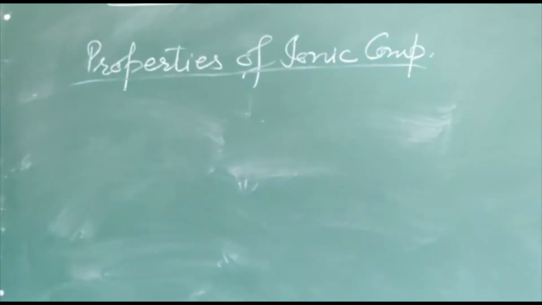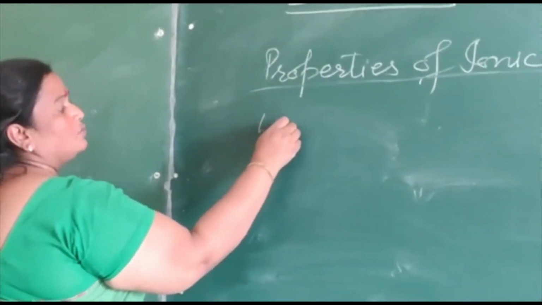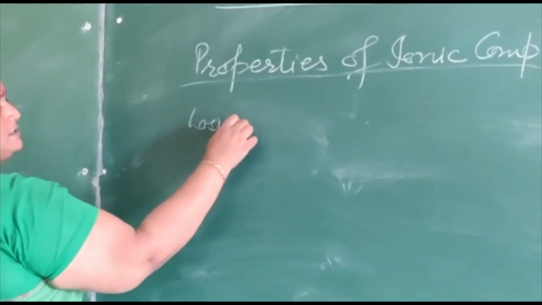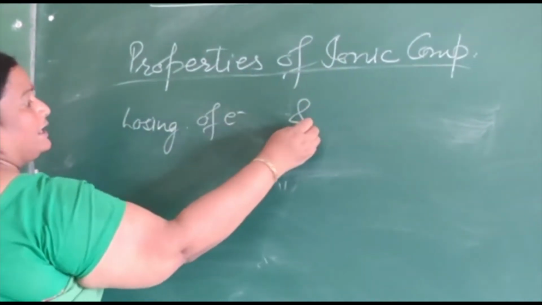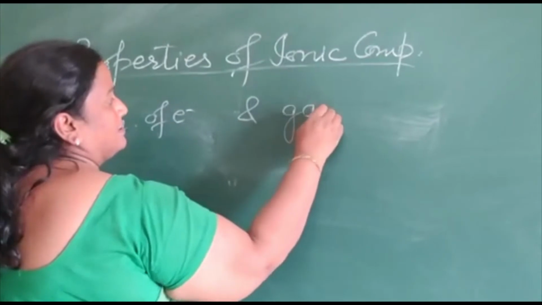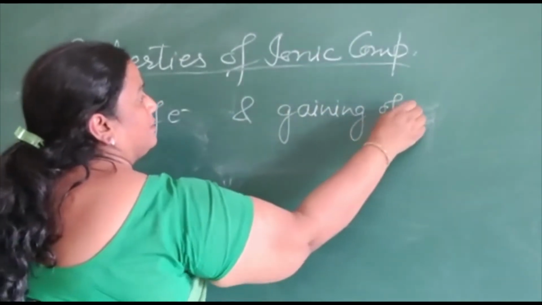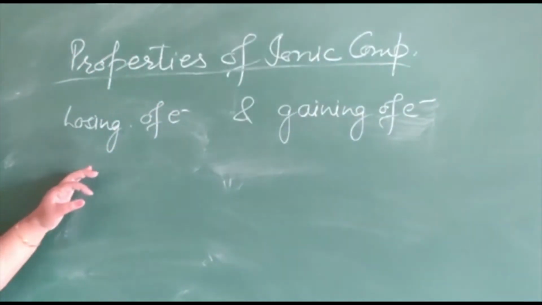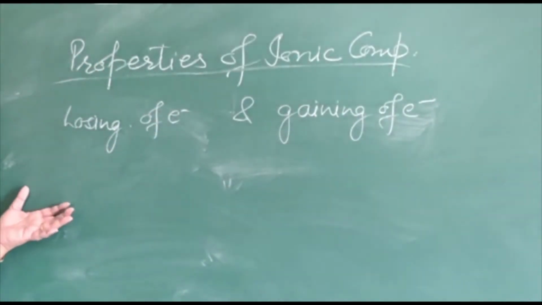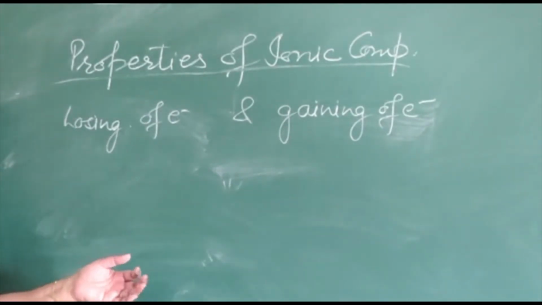As we already learned, ionic compounds are formed by the losing of electrons and gaining of electrons, or we can say transfer of electrons, between metals and non-metals.